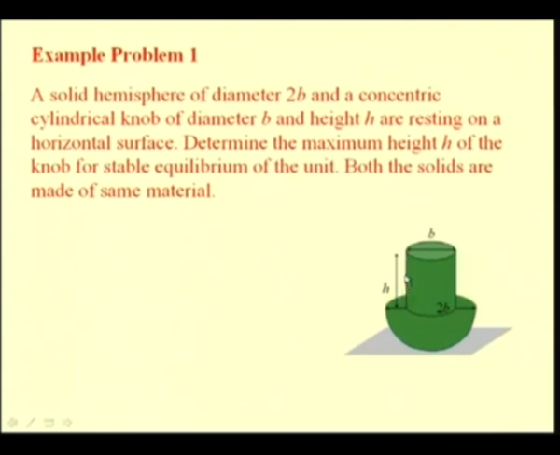We are interested to determine the maximum height h of the knob for stable equilibrium of the unit, and let us assume that both solids are made of the same material.